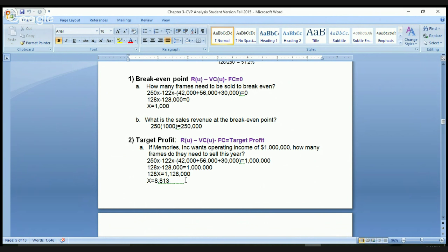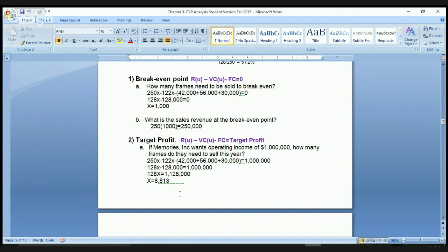Now, in this type of problem, we don't use the normal rounding principles where anything below 5 gets rounded down and anything above 5 gets rounded up. If the result has a decimal, you always have to round up, because we cannot sell a partial frame.